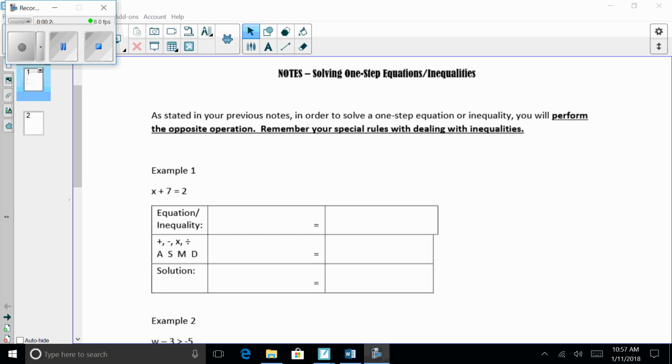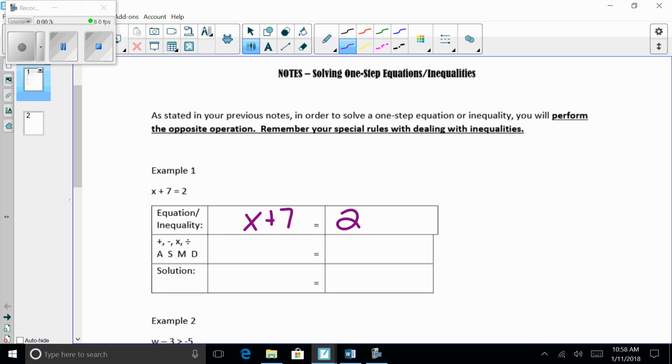So if we take our first example, x plus 7 equals 2, I'm going to write that into our box to help us solve. In order to zero out that 7, this goes back to our integers that we did a little bit ago where we're talking about zero pairs. Because it is saying plus 7, I'm going to subtract to get the x by itself.